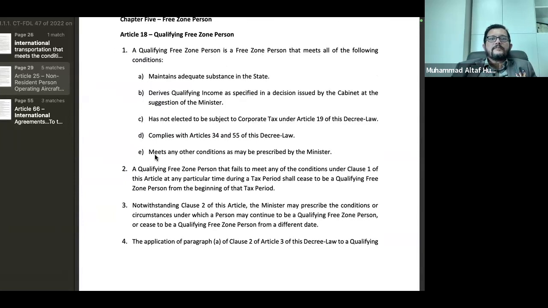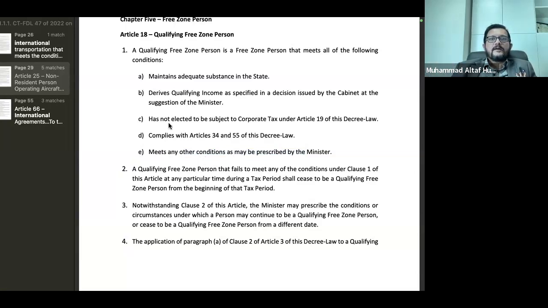Now, apparently, these are 5 conditions, but the last condition, E, any other conditions, this one sentence opens another Pandora's box. So these no longer remain only 5 conditions; it could elaborate. There are many other conditions that will come because of this one point. So what are those key conditions? They are very easy to remember. Substance should be there.